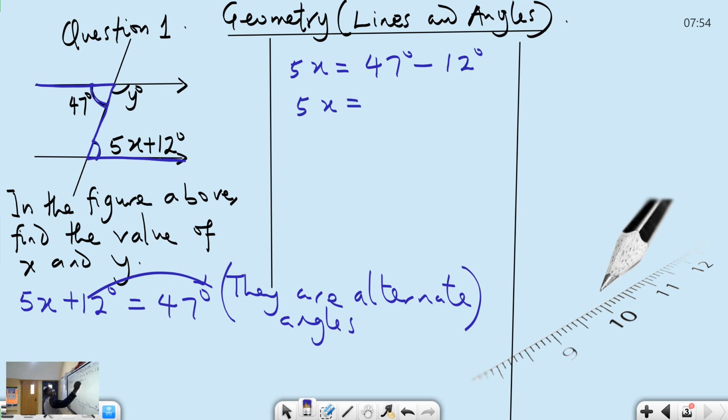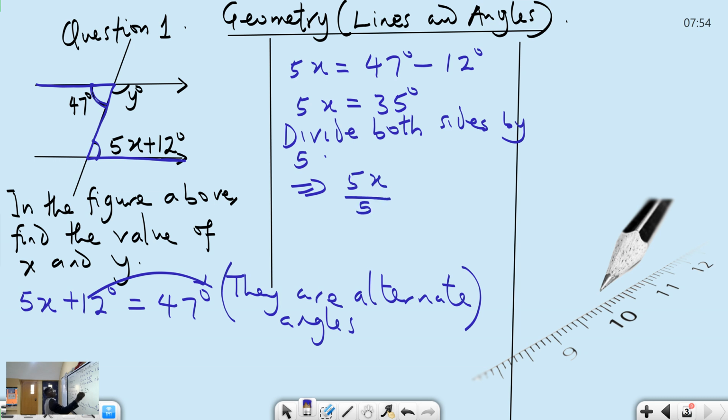So 5x equals 35 degrees. To look for our x, we divide both sides by the coefficient of x, by 5. So 5x over 5 equals 35 over 5. This cancels this, so our x is 7.